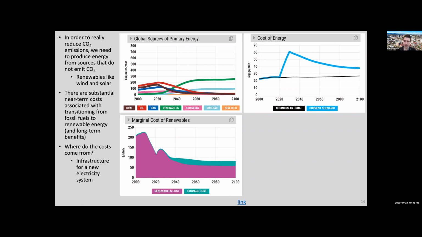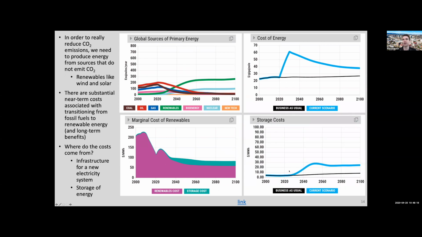And then we need to store a bunch of energy, and I'll show you why we need to do that as well. And it turns out that storage is a major barrier for renewable energy. So it costs a lot of money to store energy, and we didn't really need to do this before.